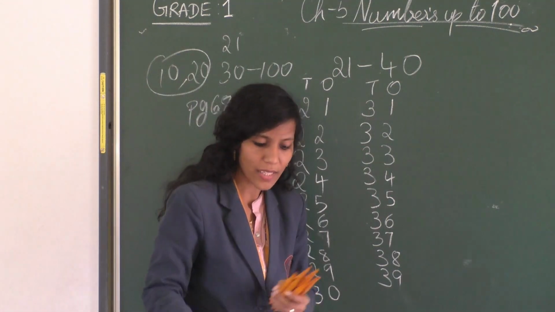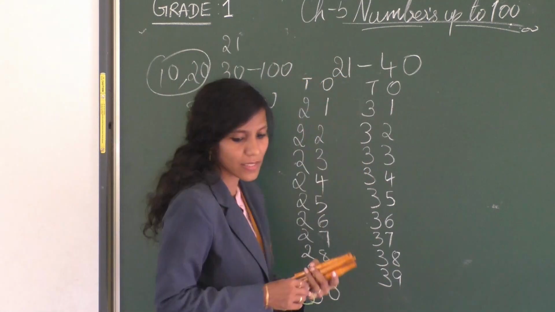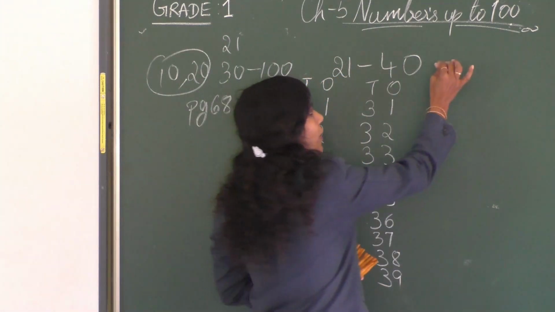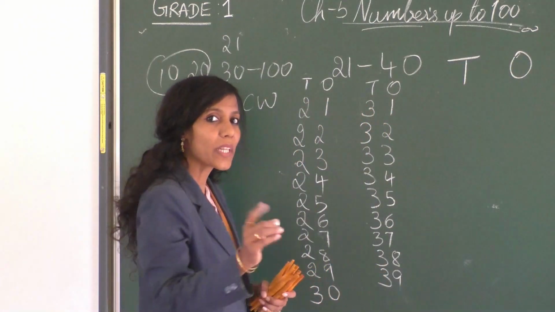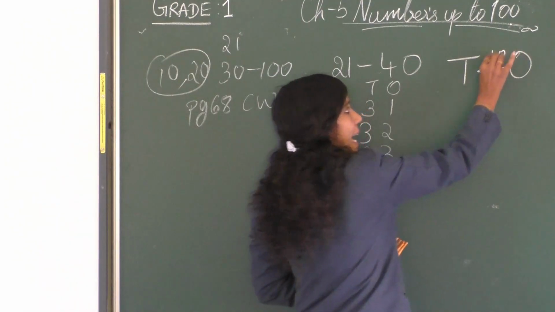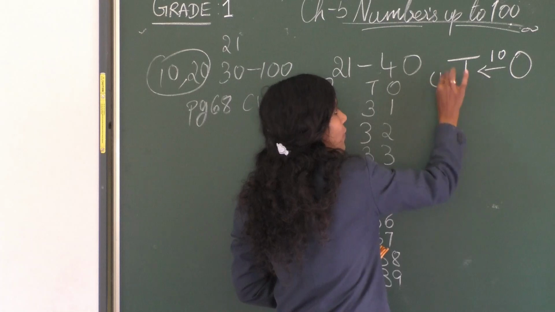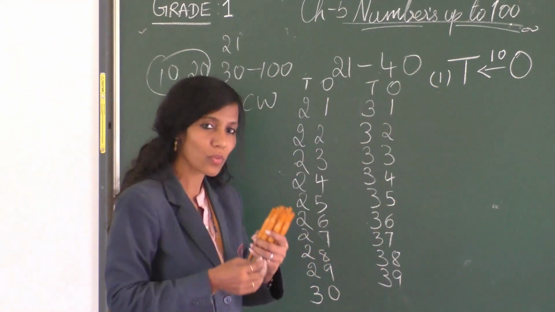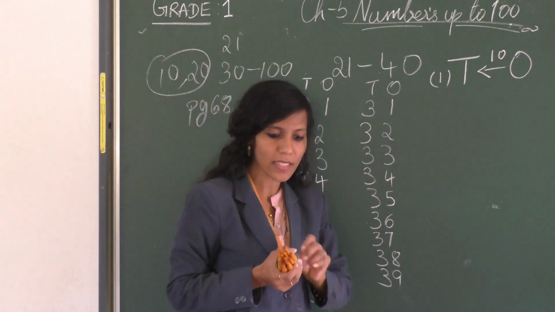So these 10 ones have made one bundle of 10s. How many ones do we need? We need 10 ones to make one bundle of 10s. So our next bundle is ready.